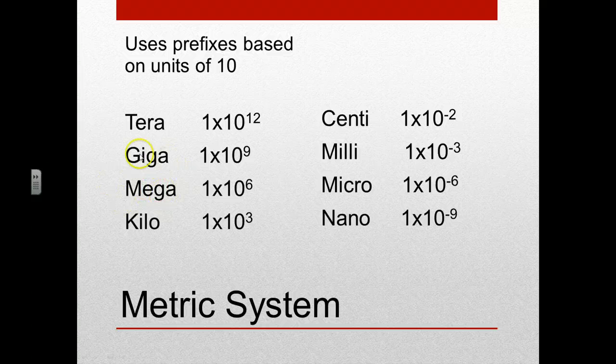Then it went to megabytes and gigabytes. Now you can easily buy a terabyte hard drive. The next one is going to be 1 times 10 to the 15th. These are really big. These are really small. When you see that negative, it means it's less than 1. When you see that it's a positive number, it means it's greater than 1.